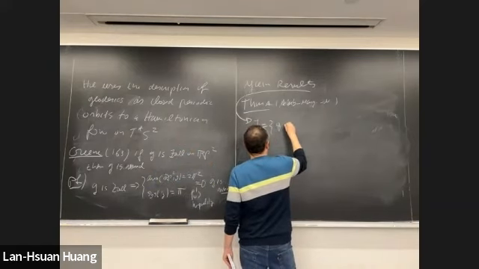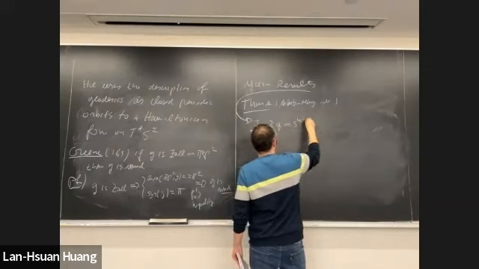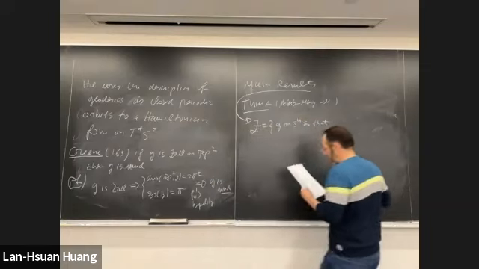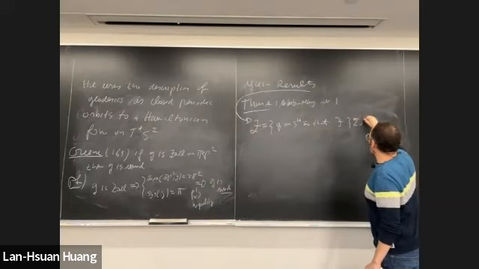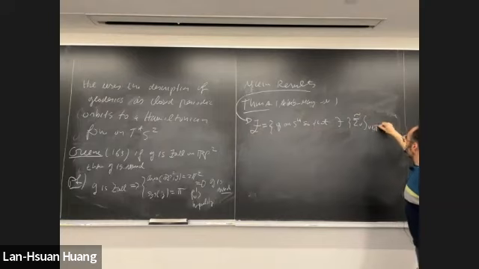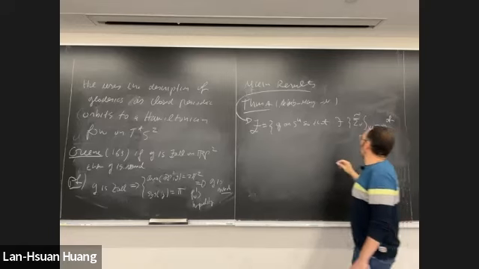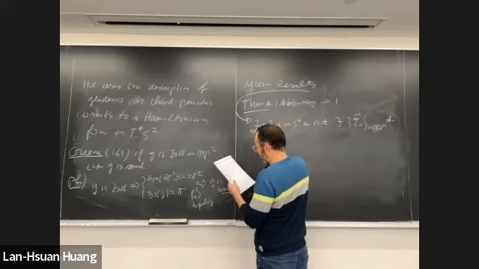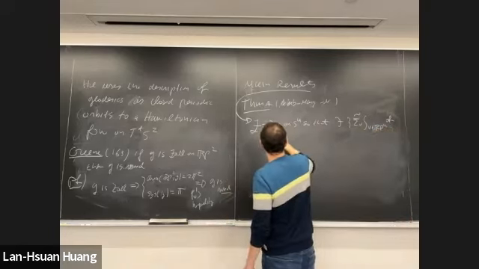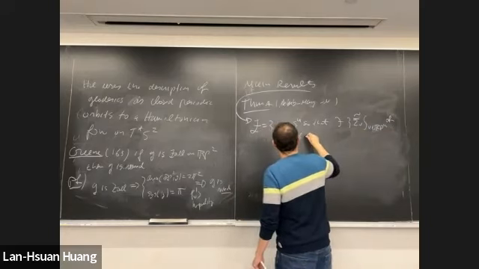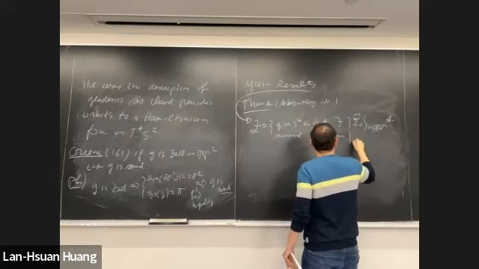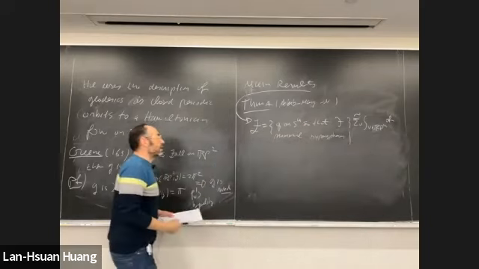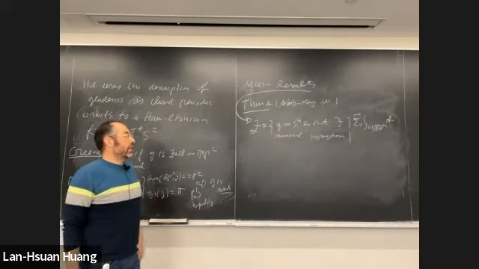So let me just say, these are all metrics g on Sn so that we can find an RPn family of minimal hyperspheres. So this is one way to extend the notion of a Zoll metric.